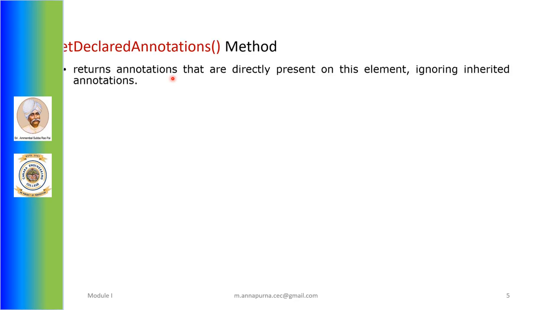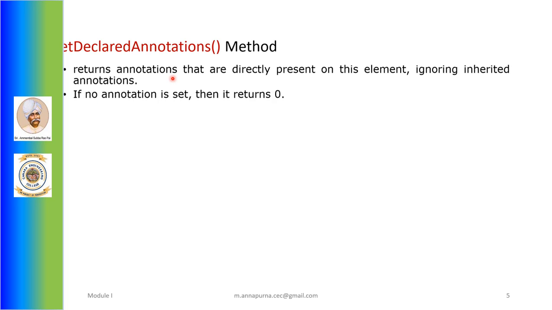In addition to the getAnnotation and getAnnotations methods, the annotated element interface defines several other methods, two of which have been available since JDK version 5. The first method is the getDeclaredAnnotations method with the general form public Annotation[] getDeclaredAnnotations.